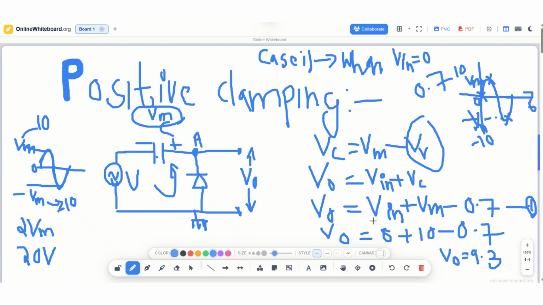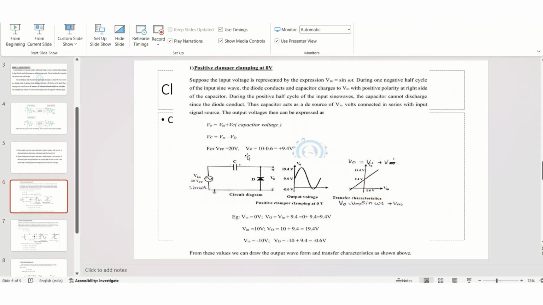Similarly, we can analyze when Vin equals Vm and when Vin equals minus Vm. When Vin equals Vm, that is the second case, Vin equal to Vm, that is 10 volt, the output voltage is 19.4 volt.